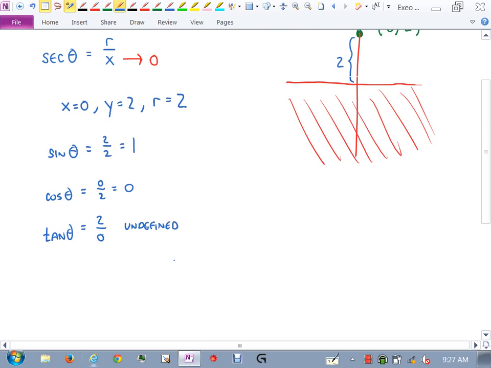And then flip all these over for the rest. Cosecant theta is the reciprocal of 1, so 1. Secant theta is the reciprocal of 0. What did we say the reciprocal of 0 was? Undefined.